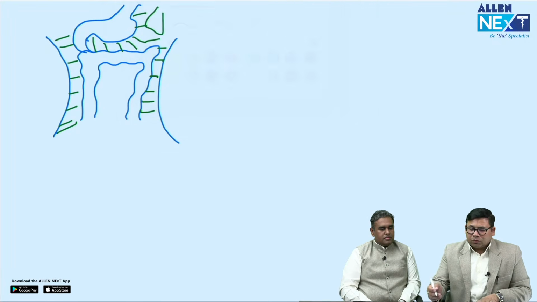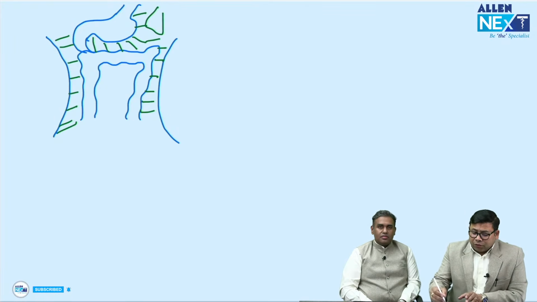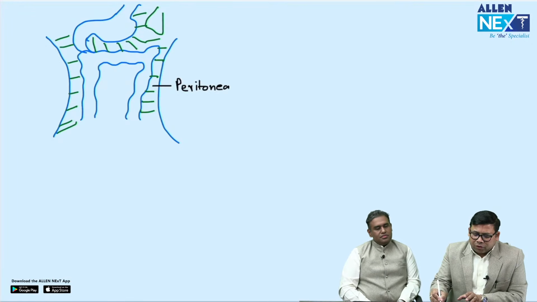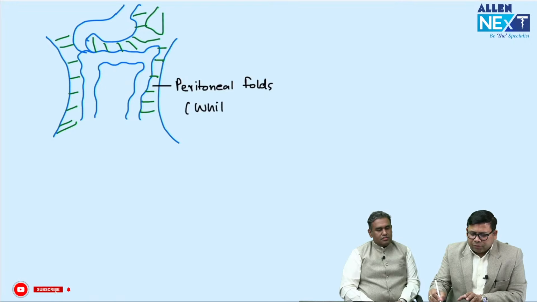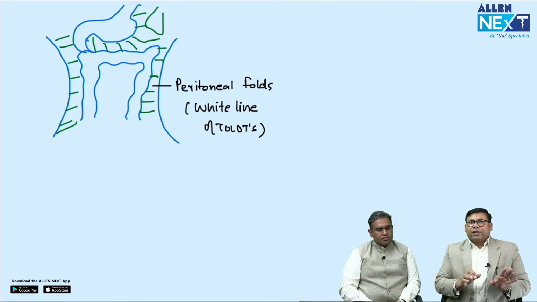Suppose I want to do a right hemicolectomy, I have to mobilize the right side of the colon, then I can do it. So what are these peritoneal folds known as? We call them the white line of Toldt, and this is very important. Until and unless we mobilize this white line of Toldt, you cannot go into the retroperitoneal space.